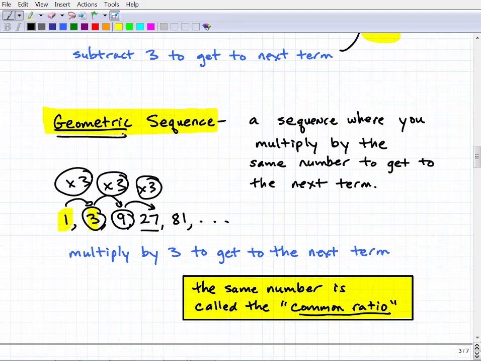Now, one thing about a geometric sequence is that this is an example of what we call exponential growth, an exponential function in mathematics, or geometric growth. You've probably heard that before, or compound growth. That's the kind of growth where things start off slow and then they really take off. Think of population growth, or money investments over time.